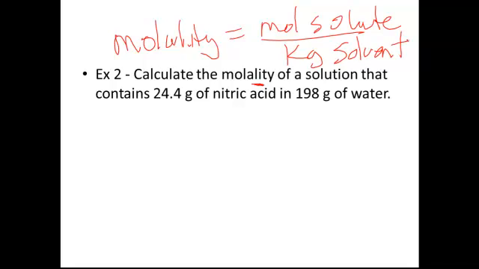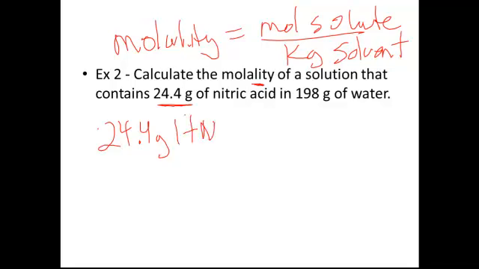So in this case, I've got 24.4 grams of nitric acid, but it needs to be in moles. So the first thing I need to do is take my 24.4 grams, and then I have to think about what the formula is for nitric acid. Nitric acid does not have hydro in front, so that means it comes from our polyatomic ions. Nitric comes from nitrate. Nitrate is NO3 minus, so we need one hydrogen to cancel out that minus charge.